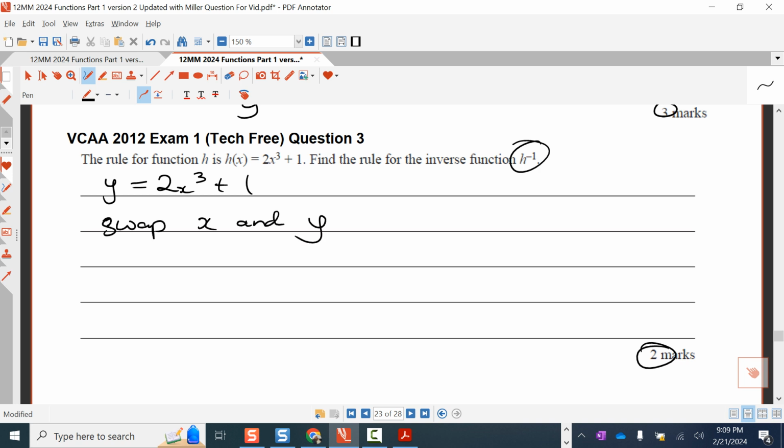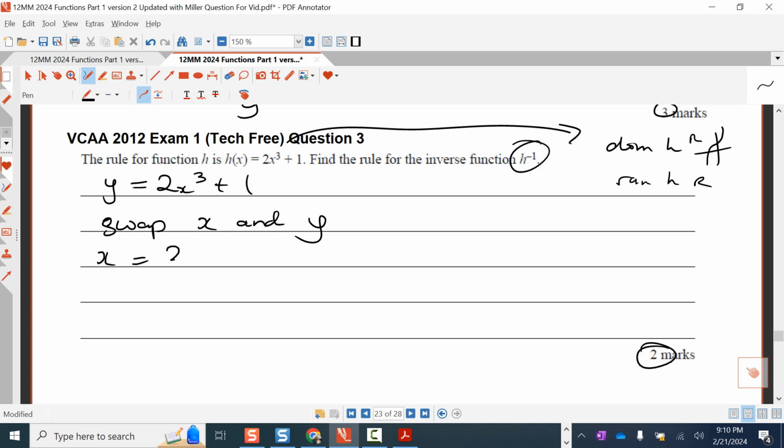Now our domain is going to be, so that is the standard cubic moved up 1 unit, and it's going to look like that. So its domain is all reals, and its range is all reals. We can see that it will produce all y values.